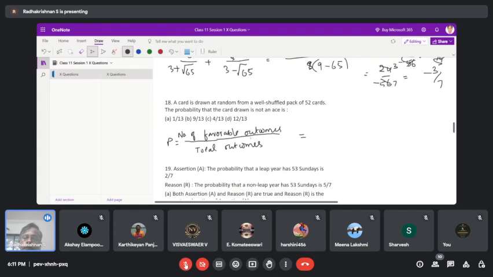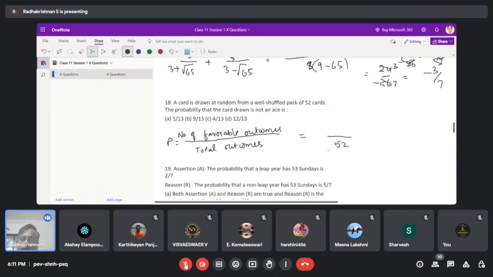So here, if you draw a card at random, how many possibilities are there? The total outcomes? 52, sir. 52. Number of favorable outcomes? 52 minus the number of ace cards. How many ace cards are there? 13, sir. No. In a pack of cards, there are only 4 suits, right?